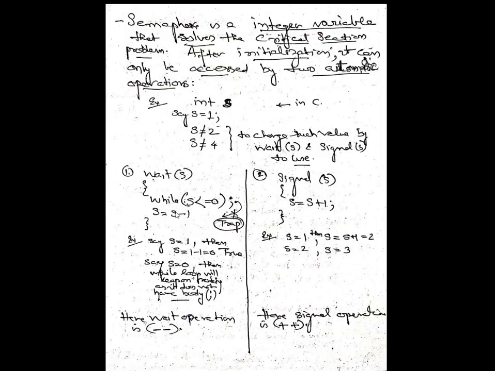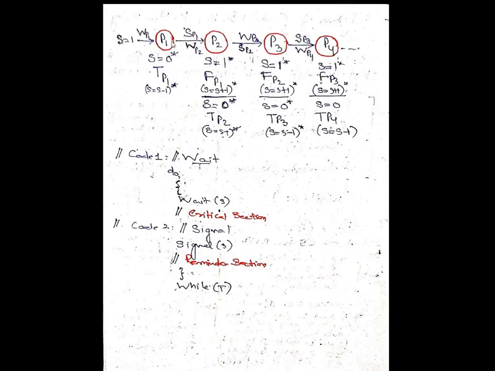When S is equal to 0 means what? This while loop is in the trap condition. It will not go further. When S is equal to 1 comes, automatically the process is going to S minus 1. So 1 minus 1 is 0. Whenever 0 is there, automatically this process has to come out.